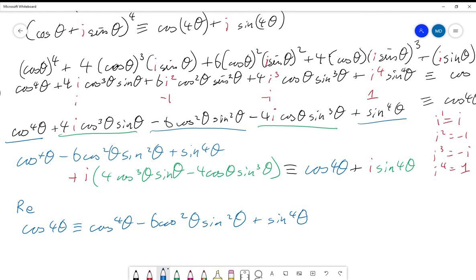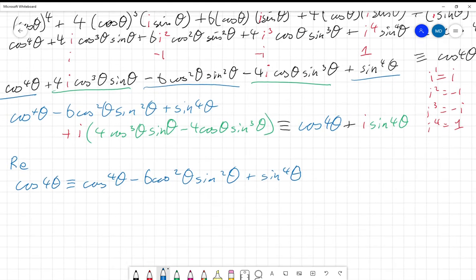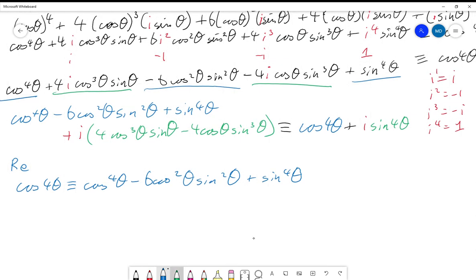At this point you can stop and be done, but I'm going to go a little bit further because I want to show you some nice little bits here that allow us to rewrite it and also spot another thing. First of all, this is actually a buy one get one free situation. Sure, we've equated the real parts and got a formula for cosine of 4 theta, but if we equate the imaginary parts, we'll still get a formula for sine of 4 theta.